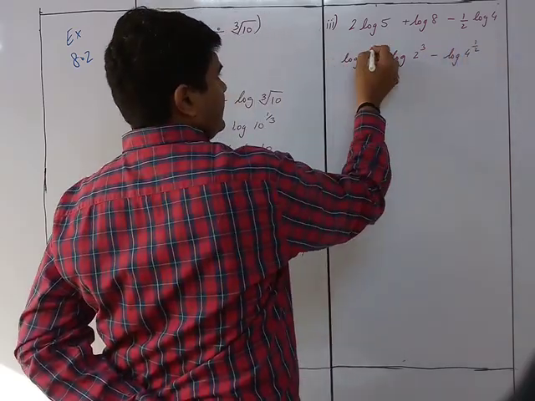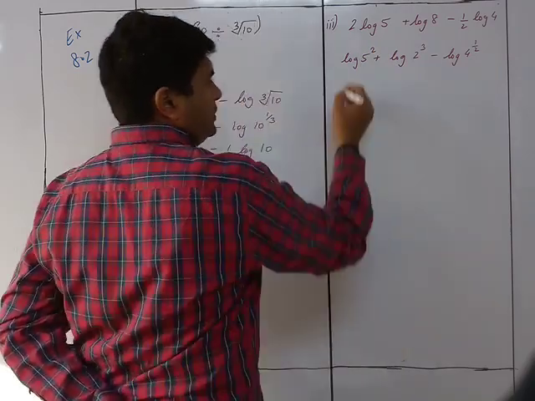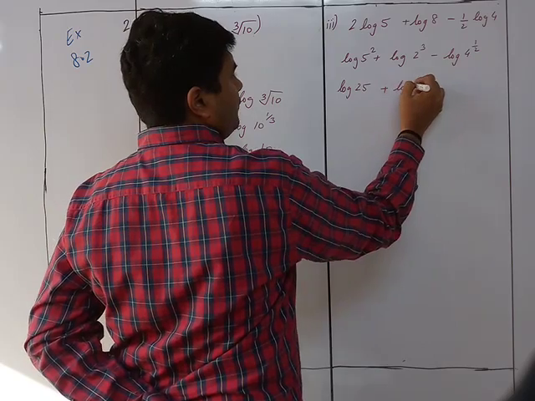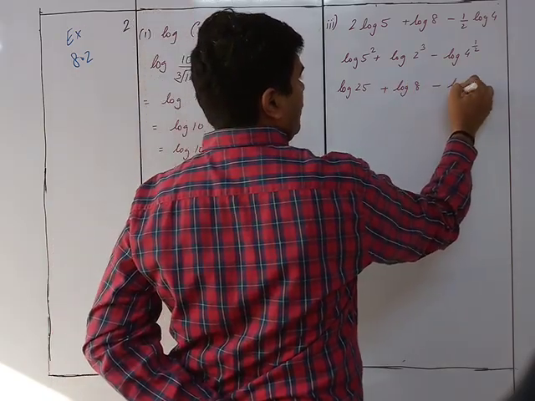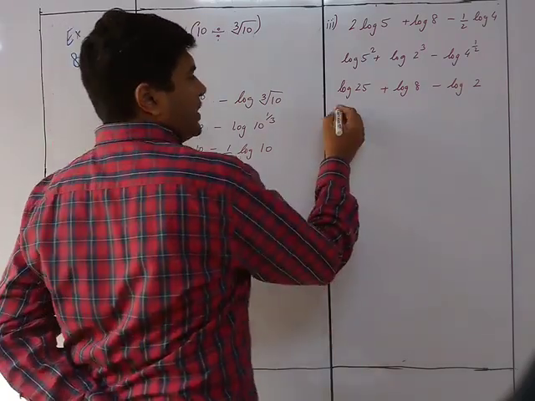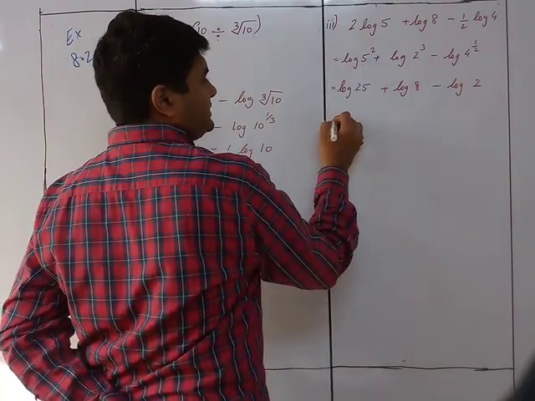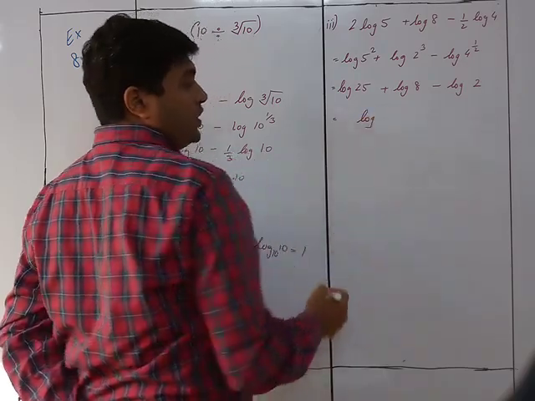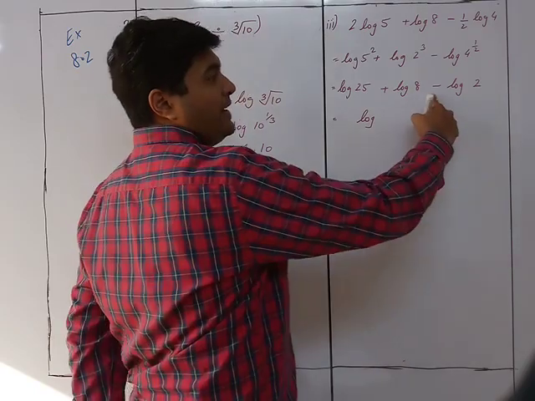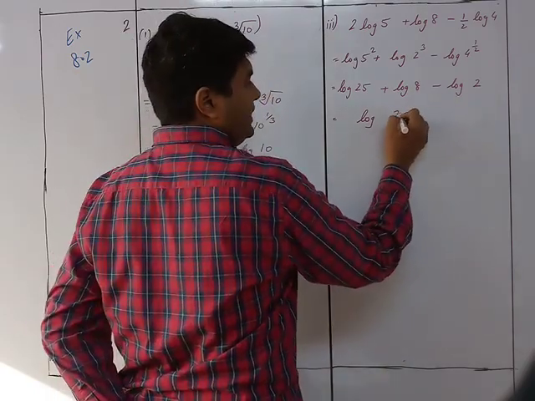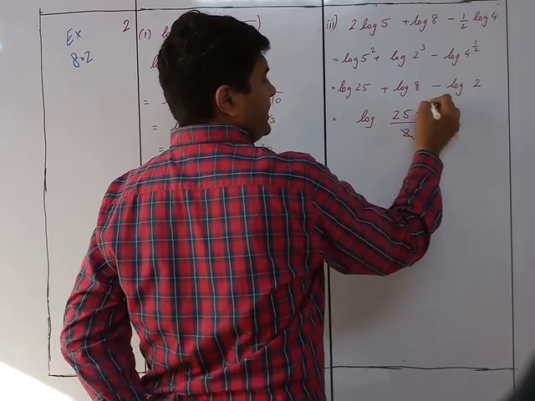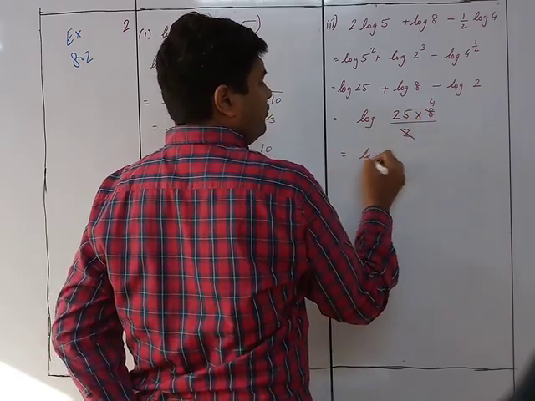We'll make this also like this, 5 square. So this becomes log of 25 plus log of 8 minus log of 2 because this is nothing but square root. So accordingly we have over here log of, now you know that log of m plus log of n is log of mn, multiplication. In minus it will be division, so it is nothing but 25 into 8 upon 2. So this becomes 4. So it's log of 100.